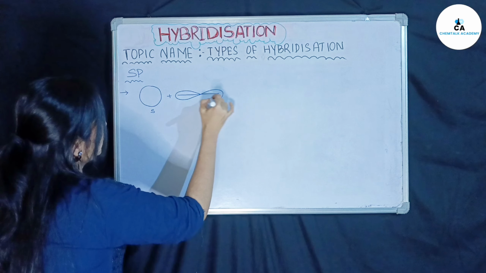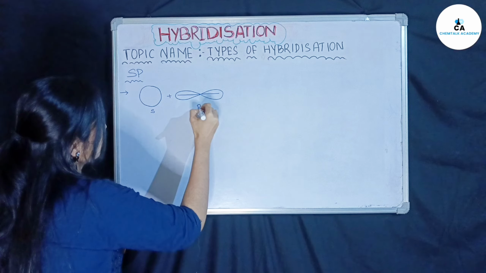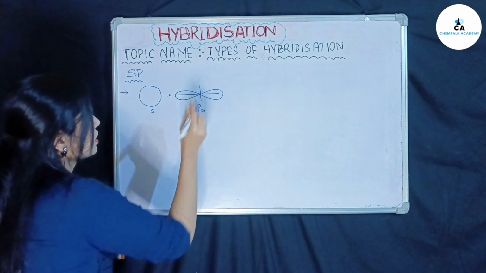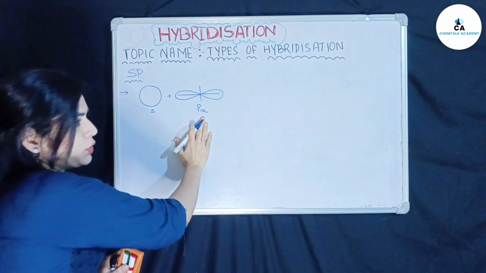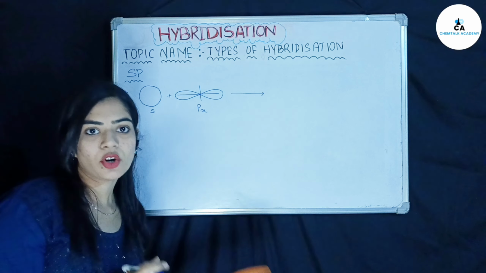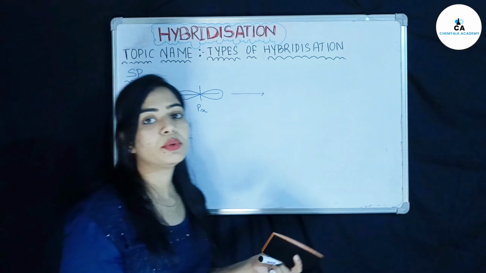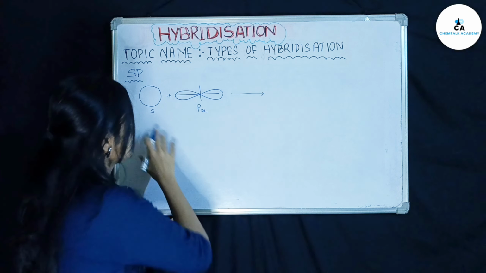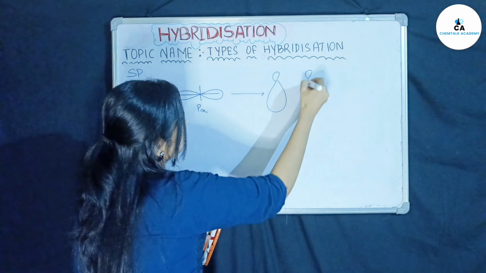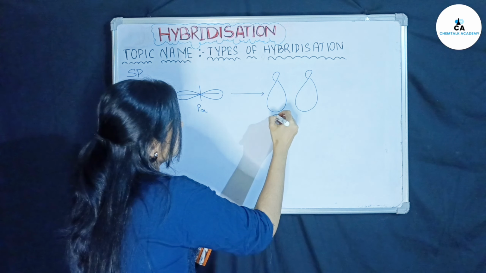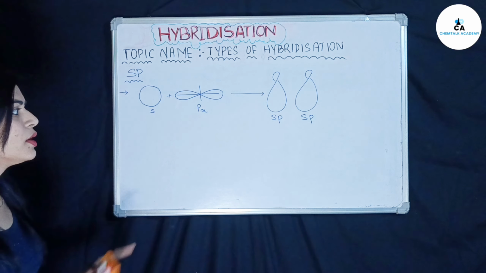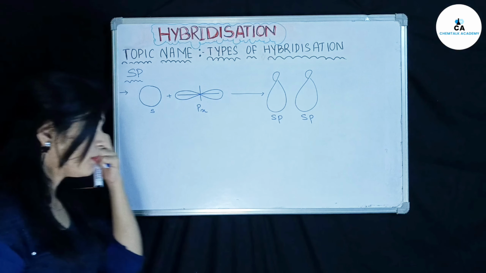Let's say I am intermixing px. As I told, the number of atomic orbitals intermixed is always equal to the number of hybrid orbitals obtained, so 1s and 1p will give us 2 sp hybrid orbitals.